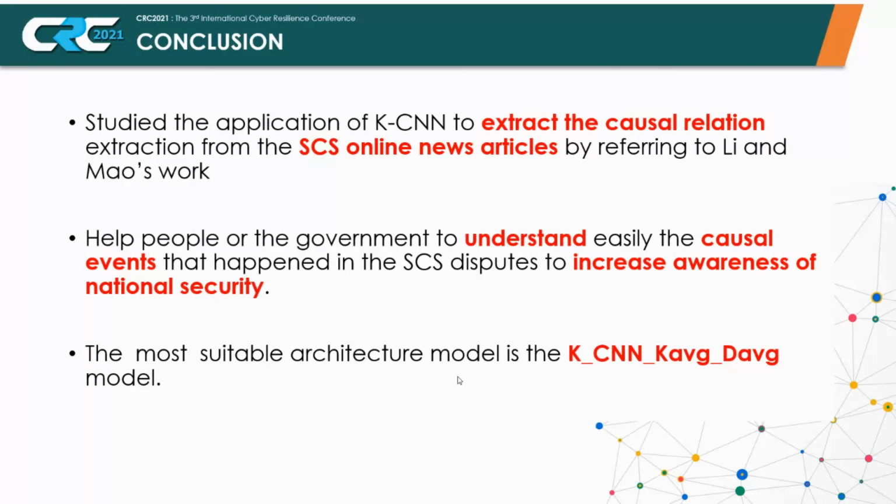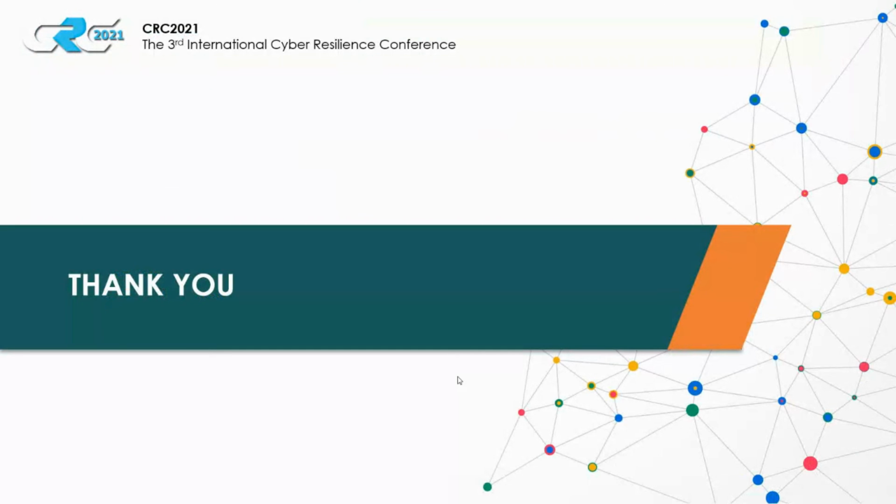By referring to Lee and Mao's work, it can help people or the government to easily understand the causal events that happen in the SCS dispute, to increase awareness of national security. And lastly, we found that the most suitable architecture is the KCNN with the knowledge-oriented channel and data-oriented channel, with both channels using the average pooling layer. That's all for my presentation. Thank you.